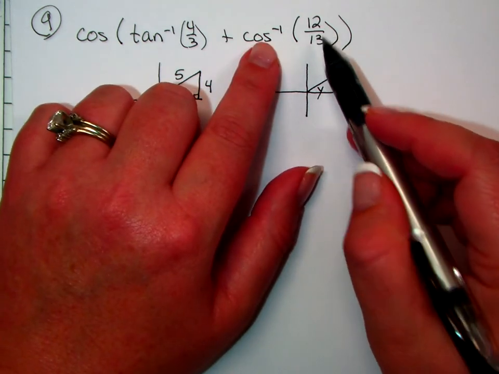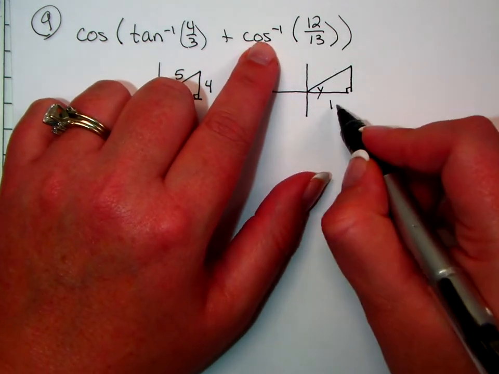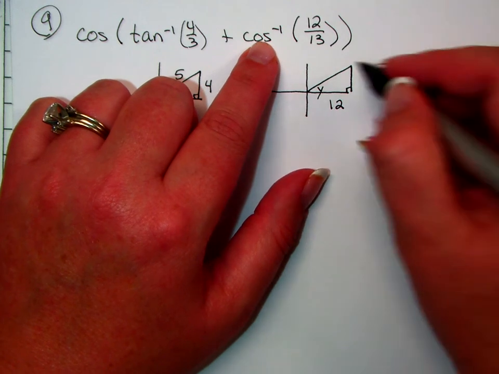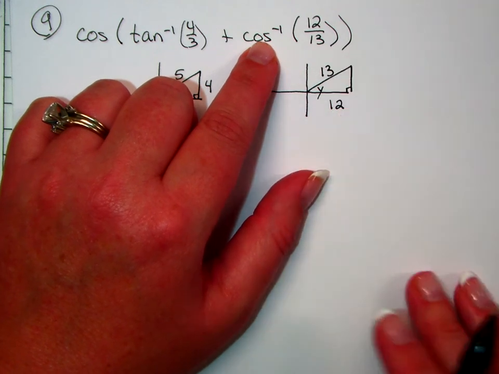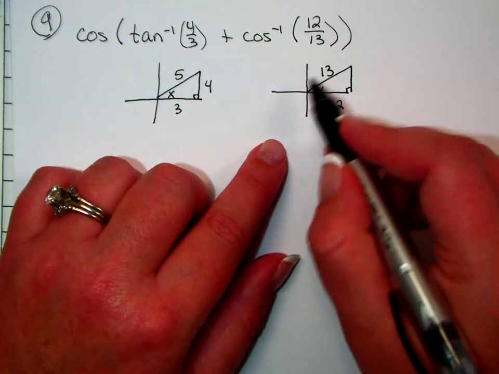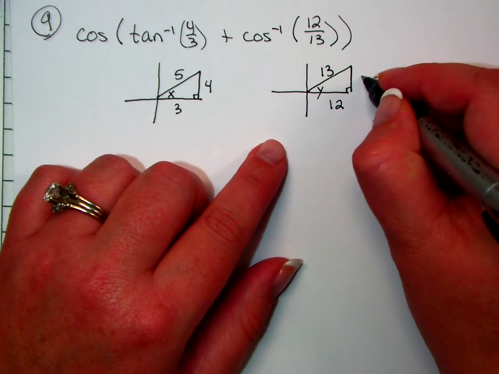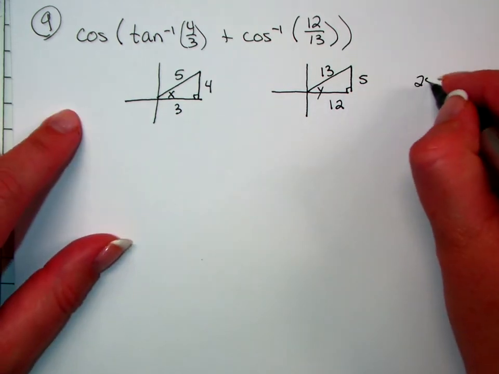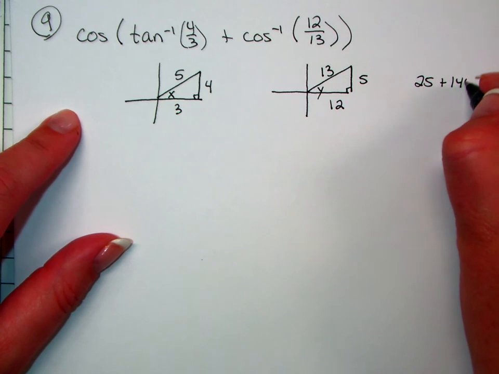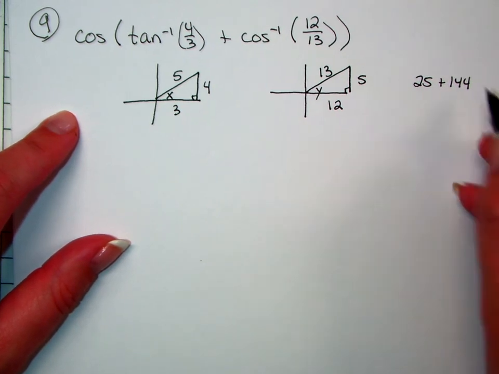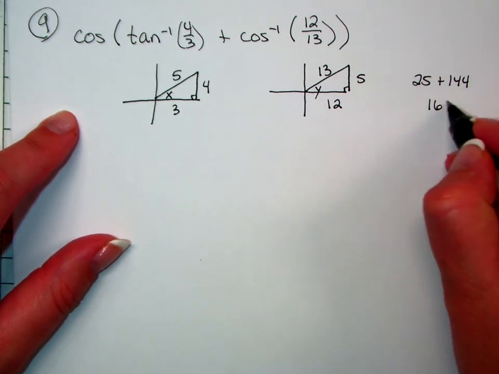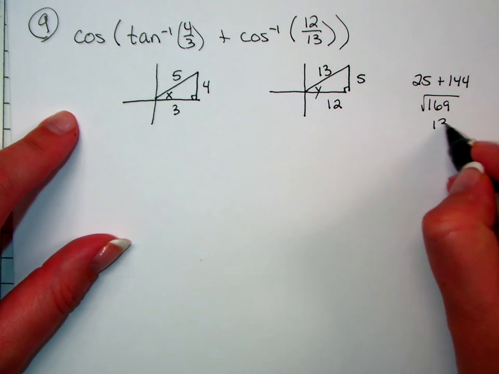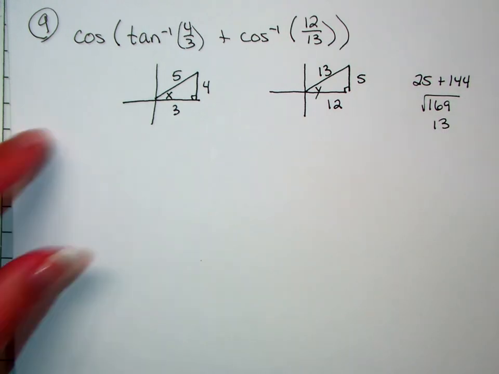This is the adjacent over the hypotenuse. So the adjacent side is 12, the hypotenuse is 13. This is another Pythagorean triple, so the opposite side is going to be 5. If you don't trust me, you can solve it yourself. Right, 25 plus 144 is 169, and the square root of 169 is 13, just to verify it.